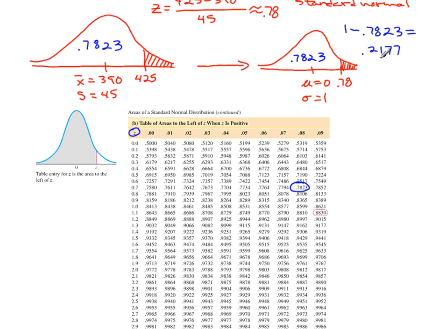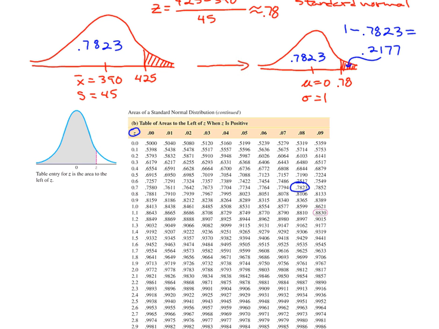So this 0.2177 represents the proportion that is greater than $425 or the 0.78 z-score.